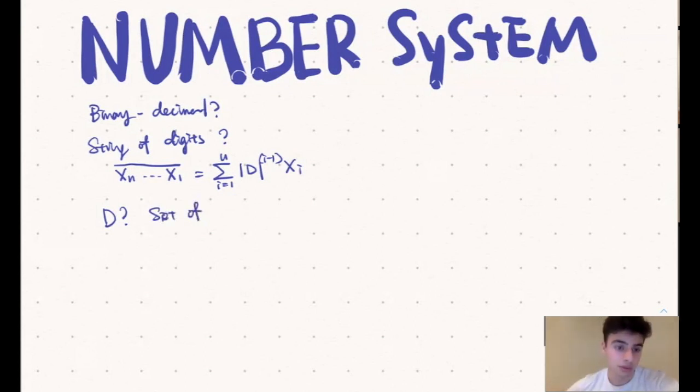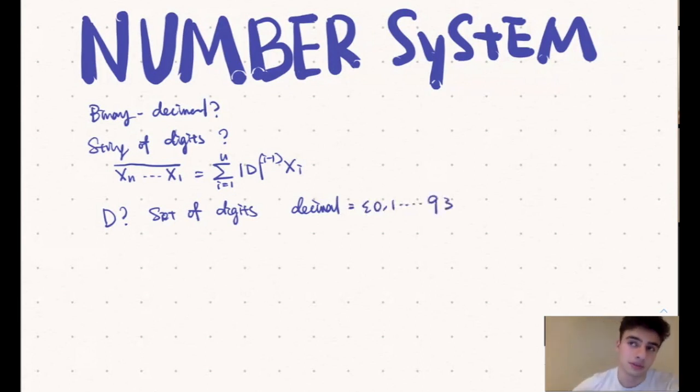As an example, in decimal, the set of digits is 0, 1, 2, 3, 4, 5, all the way to 9. We know that the cardinality of this set is 10. So the cardinality of D is 10, and therefore the basis of our number system is 10.